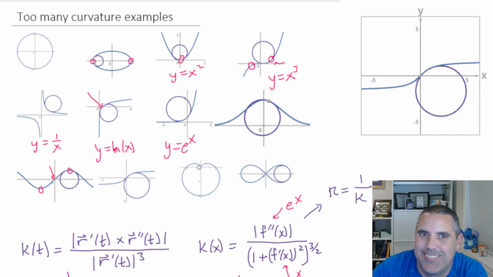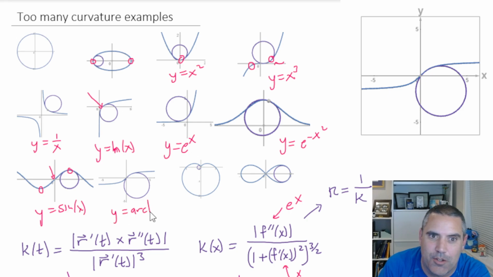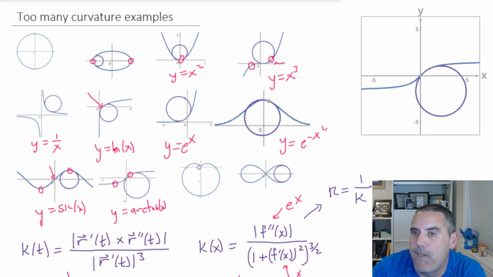Let's keep going. So that was sine. So we did, this is actually like y equals e to the negative x squared, something kind of like the bell curve. This was sine. Again, I was just trying to think of more functions. Here's arctangent. When is it bendiest? Well, it's going to be somewhere in here and in here. Where is that? I have no idea. I didn't solve the question.